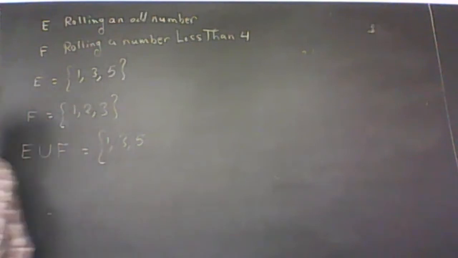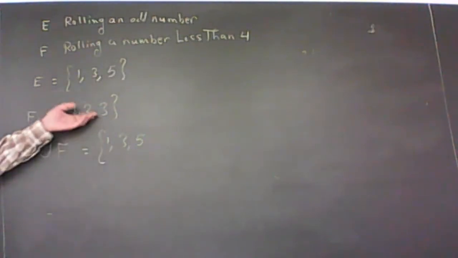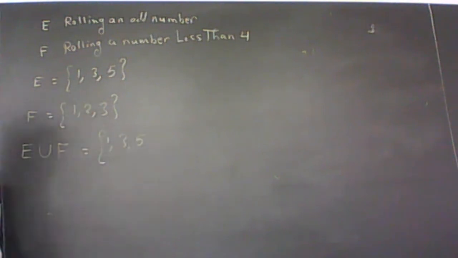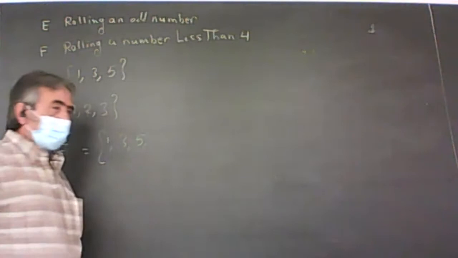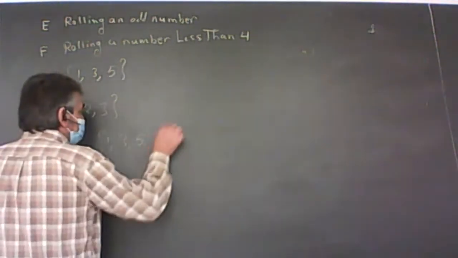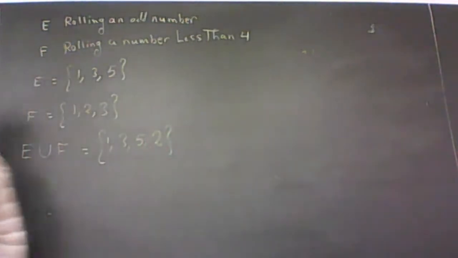And now we go to set F and write all the elements in set F that I did not list. So what would be the elements that I did not list? 2. Yes? So this is the union of those two sets.